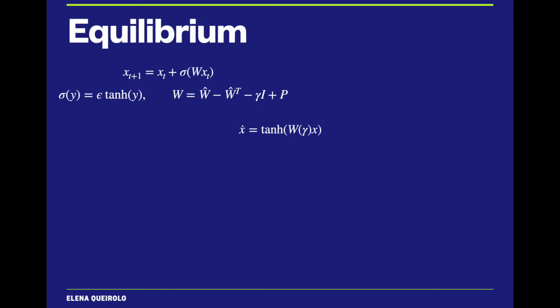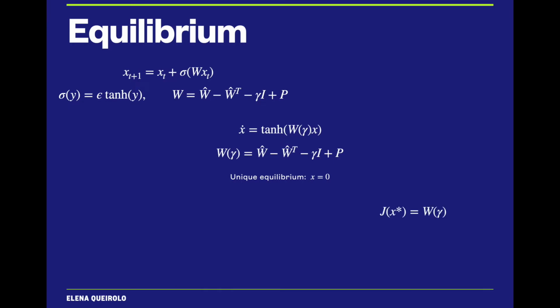Going to the ODE setup, then we just have a hyperbolic tangent depending on a linear transformation of x. Here we explicitly write gamma, and we keep this dependency on gamma when we want to look at changes in the dynamics depending on this parameter. Whatever the gamma is, the unique equilibrium of this problem is at x equal to 0, assuming W is non-singular.